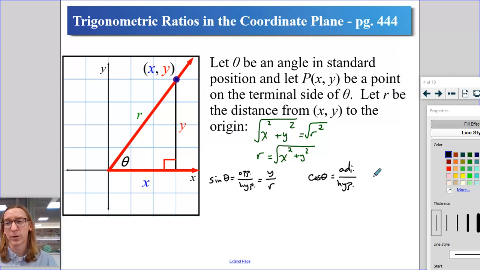The x coordinate stands in for the adjacent leg because they would be equivalent to each other. And that distance r stands in for the hypotenuse because it's truly the distance from that point to the origin, the length of this piece right here. So the cosine of theta can now be thought of in two ways: adjacent over hypotenuse, good old SOHCAHTOA, or the x coordinate that the angle passes through, divided by that distance r.